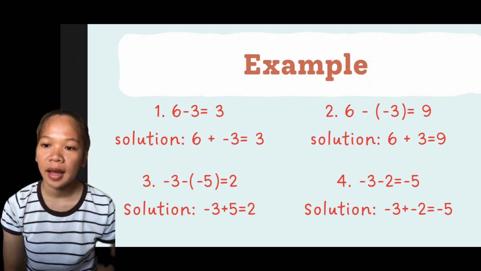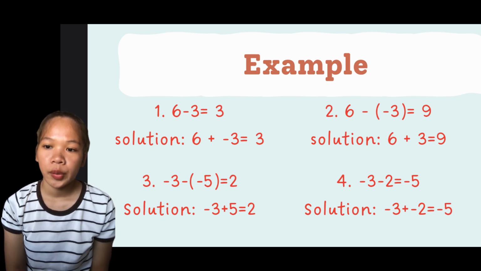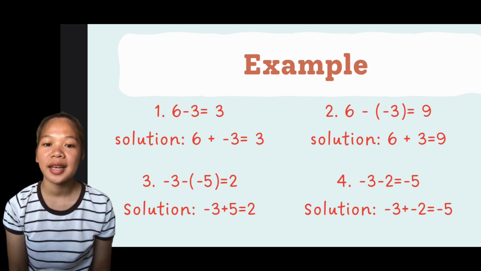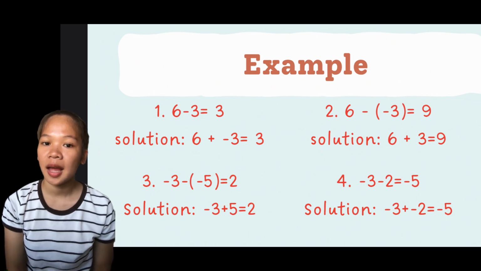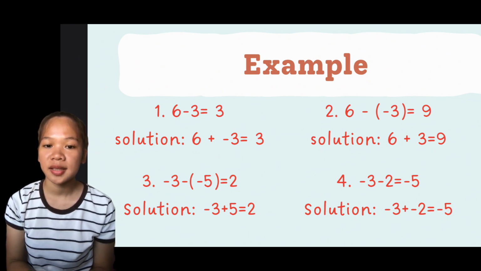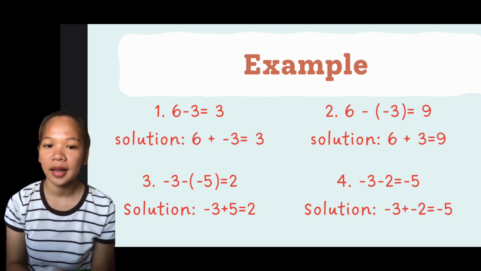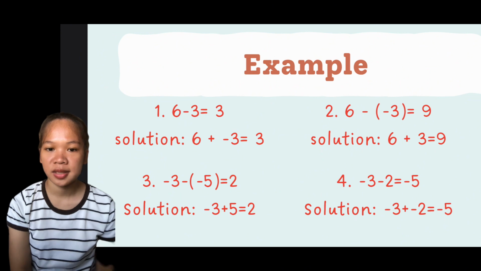And then sa pangalawang integer naman ay we are also going to replace the sign. Kabaligtaran kung ano yung opposite. So dahil negative 3 siya, we are going to make it positive 3. That's why 6 plus 3 dahil magkaparehas sila ng sign, that's why we are going to add. Kaya yung answer niya is positive 9 dahil pareha silang positive.